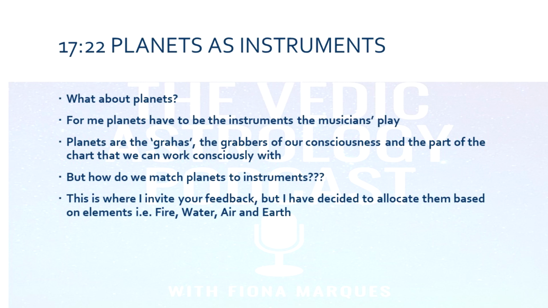Remember that planets are grahas. They are the grabbers of our consciousness, and they are the part of the chart that we can consciously work with. And I like that for the musical instruments because we have that chance to have so much variety in how each musical instrument is expressing itself, and it has a musician being the conscious element.